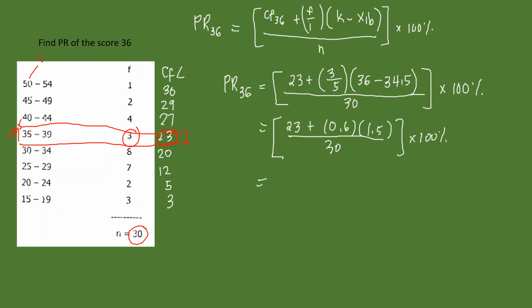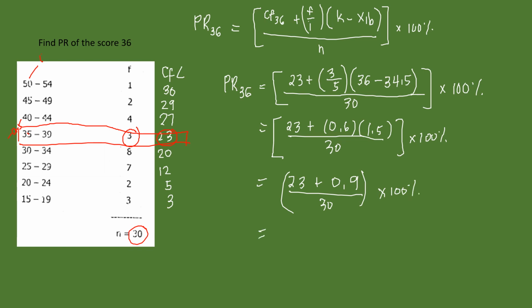Simplifying further, we have 1.5 times 0.6. That gives us 0.9. So 23 plus 0.9, divided by 30, I'll just use parentheses, times 100%.